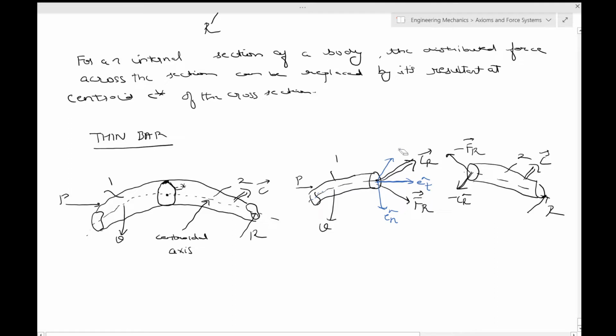You clearly know that Eb will be perpendicular to Et and En. So you want to resolve your Fr as equal to Ft Et plus Fn En plus Fb Eb.